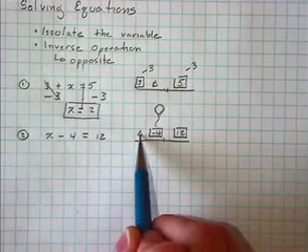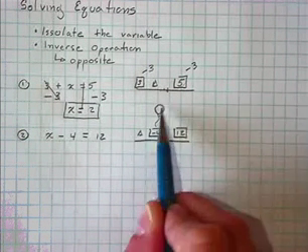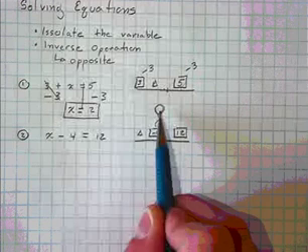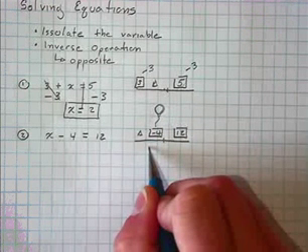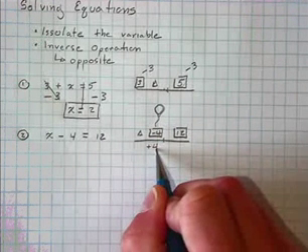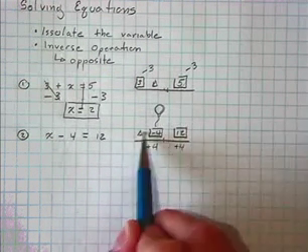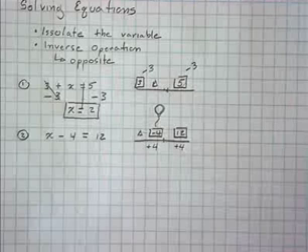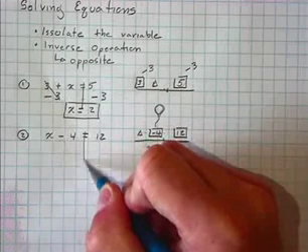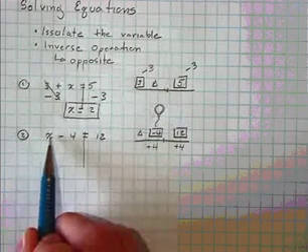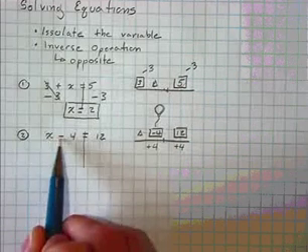In order to get this pawn by itself, I have to get rid of this negative 4. So to get rid of that negative 4, I add 4 to this side, and then I add 4 to this side. It brings this side level. Same over here. I have x, and I'm taking away 4.